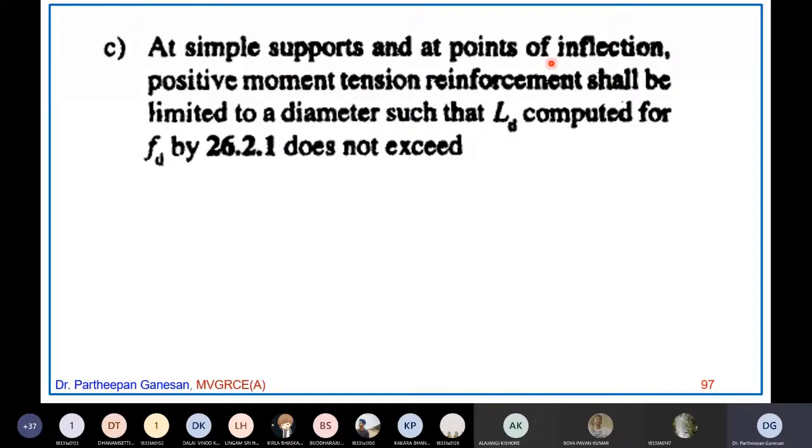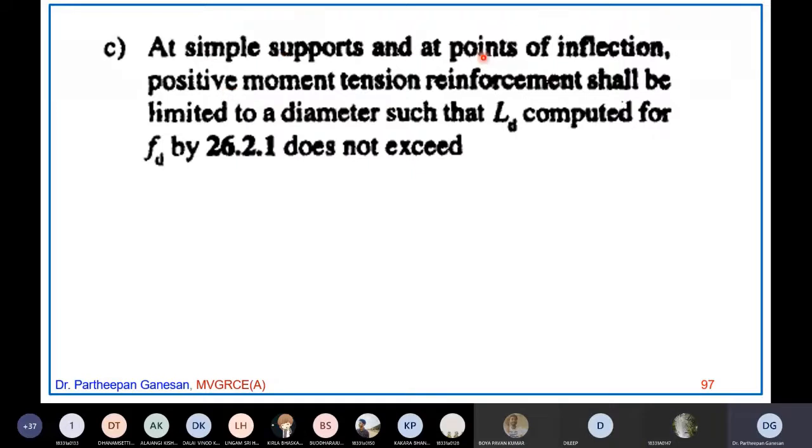What is point of contraflexion? Bending moment should be 0. Bending moment 0, or changes its sign? Changes sign, sir. Yes, at the point of inflection, the bending moment changes its sign, from positive to negative.